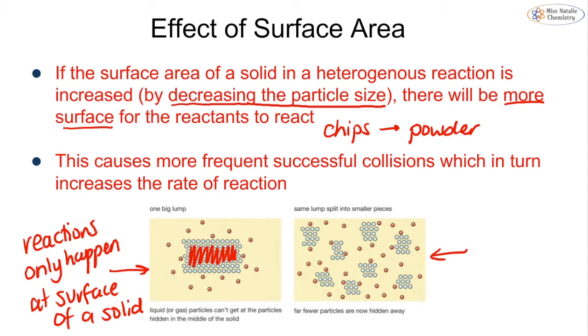The same lump is now split into much smaller pieces, so there is more surface and a lot fewer particles hidden from the other reactants. You'll find that this reaction happens faster because, again, we get more frequent successful collisions.